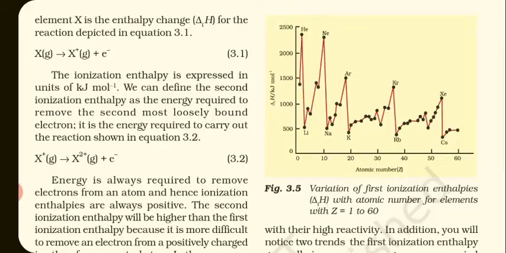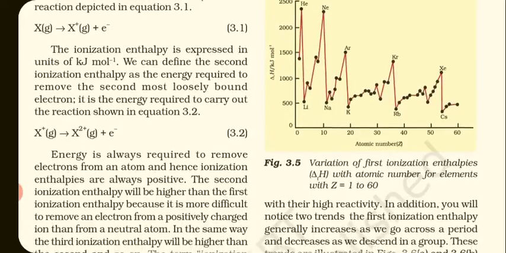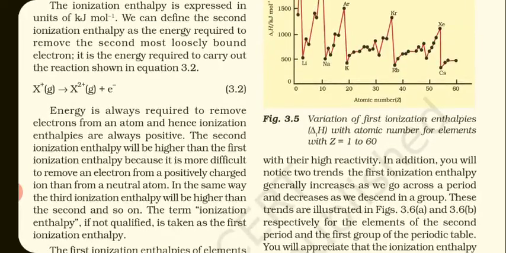from an atom, so we'll get X plus, or a cation, a positive ion. The ionization enthalpy is expressed in the unit of kilojoule per mole.